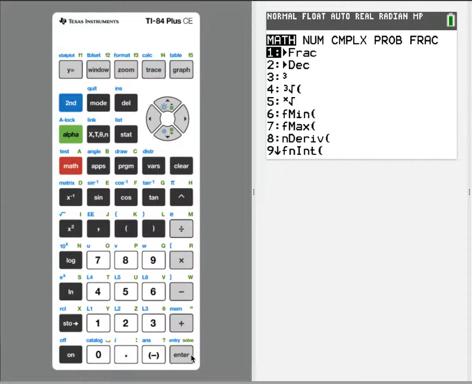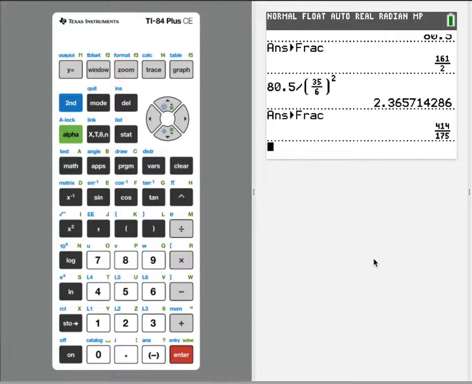Okay, and so 414 over 175, so 2.3657 rounded to 4 decimal places. So you see how easy that is to do on the TI-84 calculator. It's quite a bit more tedious to do by hand, and if you've got a random variable that has a lot of values in its sample space, then it gets even more cumbersome to do.